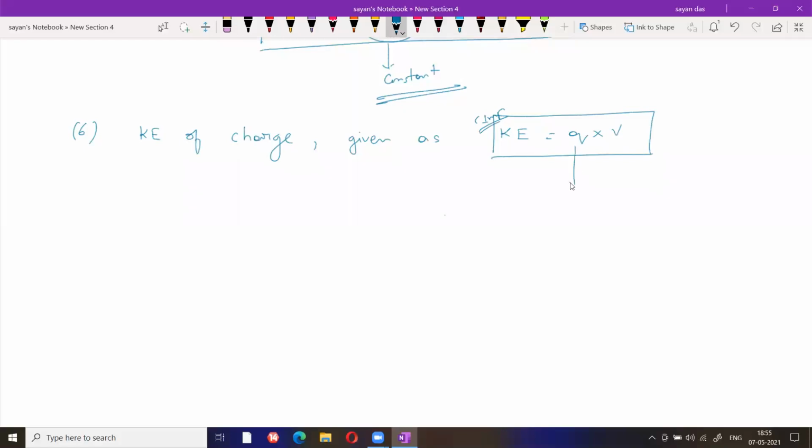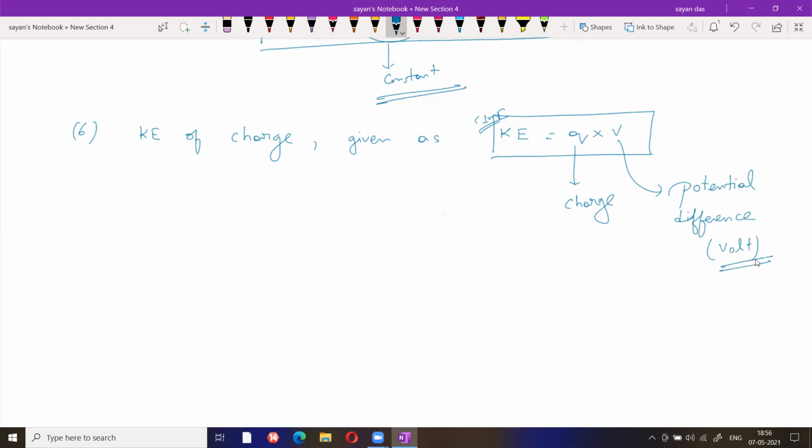What is Q? Q represents the charge and V represents potential difference, which is measured in volts.